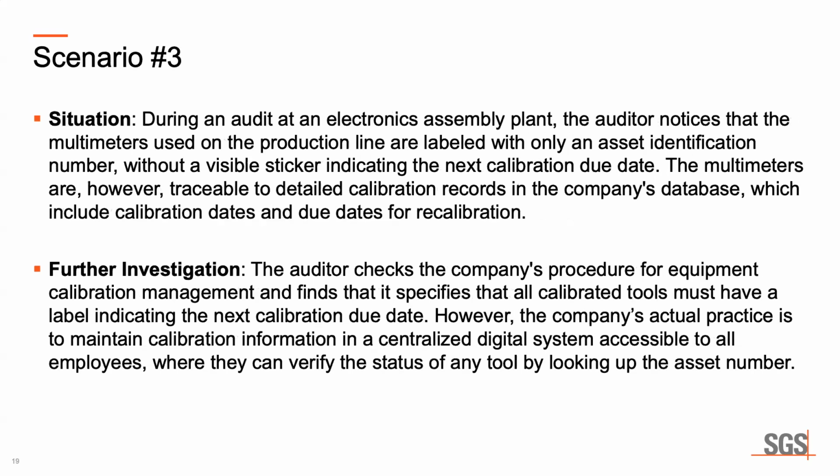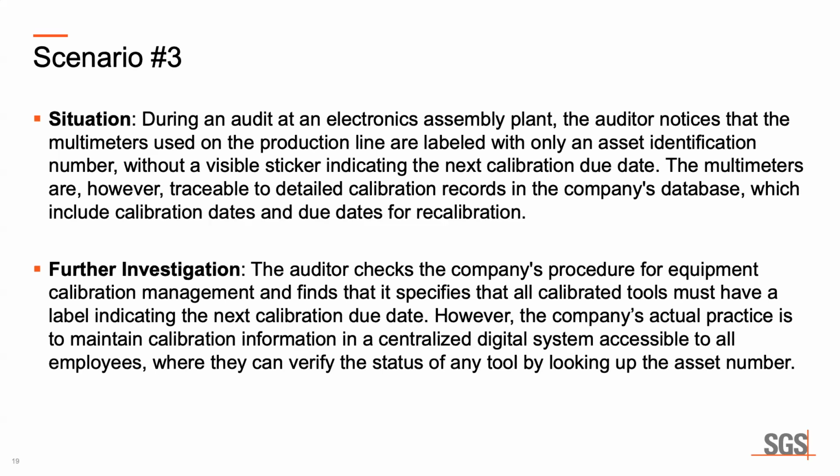Good. Let's look at scenario number three. During an audit at an electronics assembly plant, the auditor notices that the multimeters used on the production line are labeled with only an asset identification number without a visible sticker indicating the next calibration due date. The multimeters are, however, traceable to detailed calibration records in the company's database, which include calibration dates and due dates for recalibration.